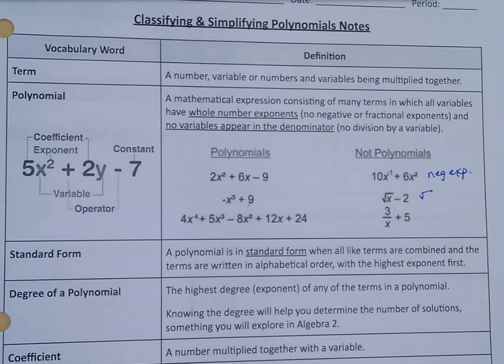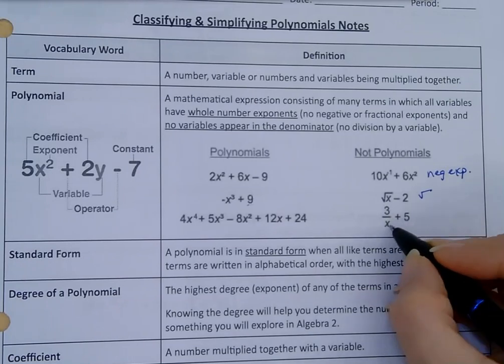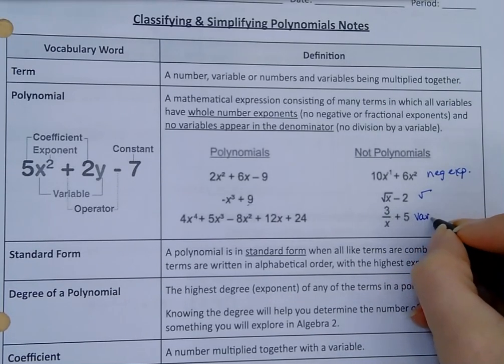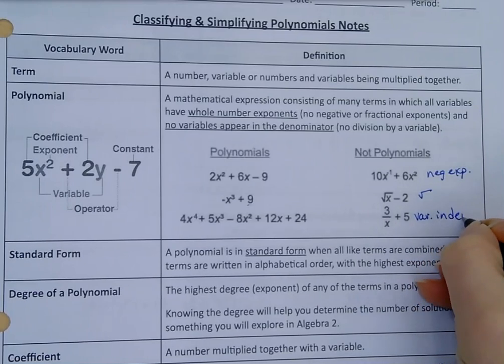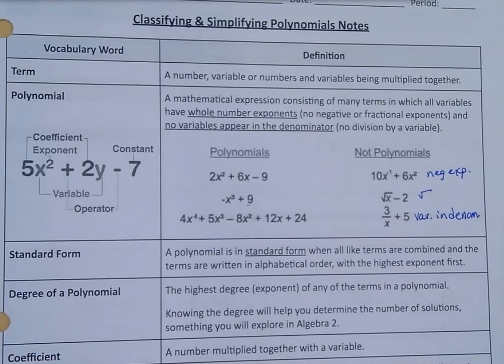It's something else, it's still math, it's just not a polynomial. This guy, 3 over x plus 5, this is a variable in the denominator that makes it not a polynomial. Still, again, it's math that we can do, but these things are not called polynomials.